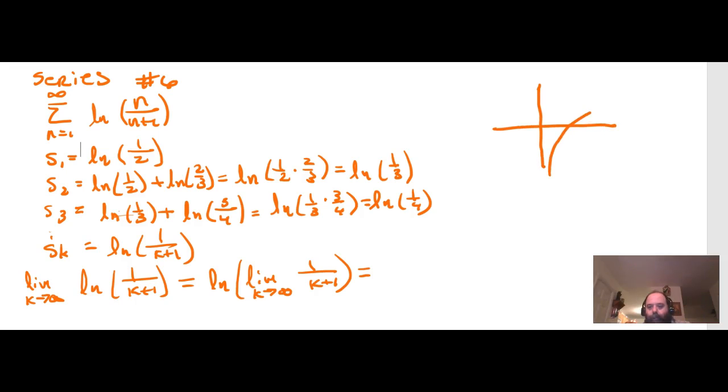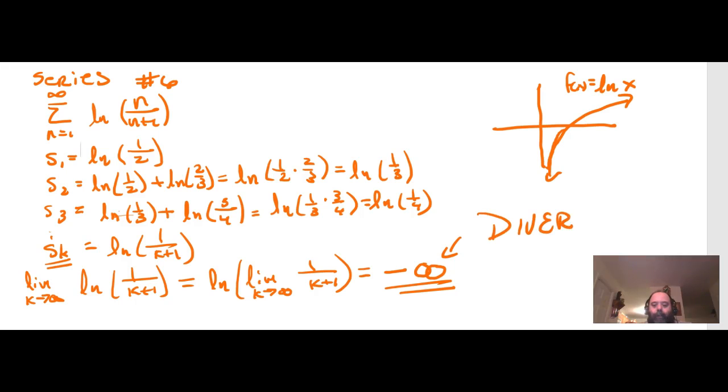It has an asymptote at 0, right? So this is what the natural log of x looks like. As this thing starts getting close to 0, that thing goes down to negative infinity, which means that the limit of the partial sums does not go to a finite value, which means that this diverges.